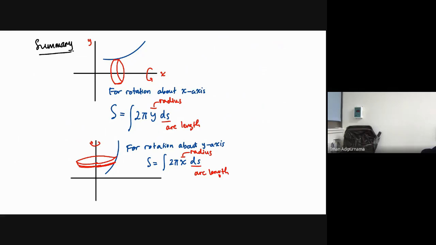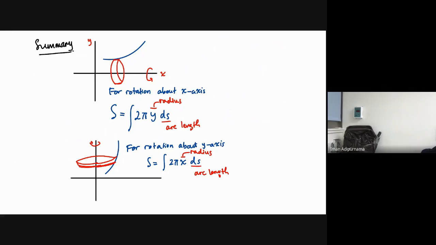Any questions? No? So actually, for the surface area, as long as you remember it's 2 pi r L, and you know L is the arc length, depending on the rotation, I think it should not be really difficult.